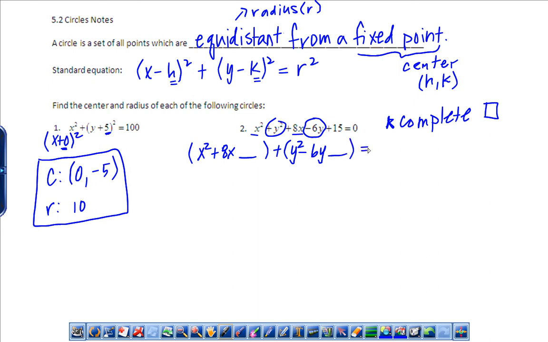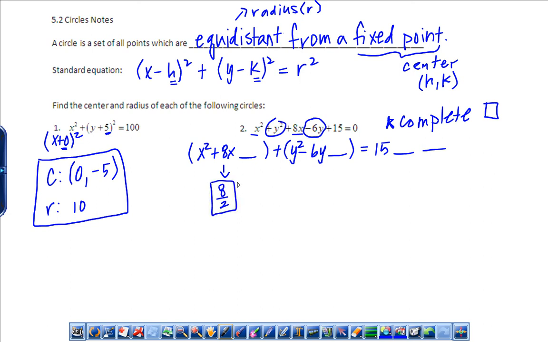Now, what's different about this completing the square is I'm going to move anything extra to the right side, and I'm going to leave a blank for whatever I add for x and a blank for whatever I add for y. Now, why I'm adding this to the right side is this is going to be my radius squared. Now take your middle term right here, and this is what I'm going to half and square.